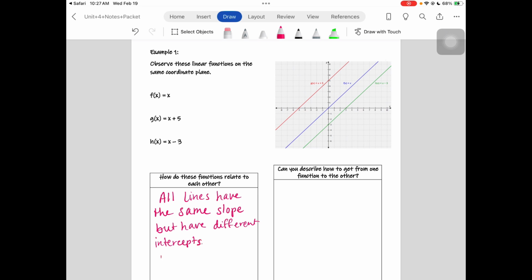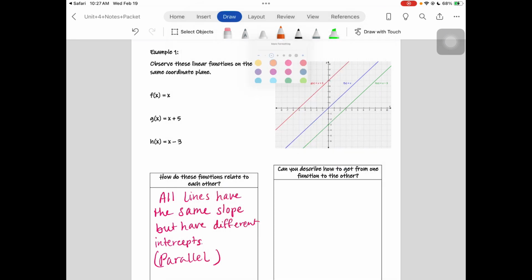You could also say that they're parallel. So if you took geometry last year, we talked about parallel. So the way you move to get from one function to the other is by just shifting or translating the points down however many spaces you need to get to the other equation.